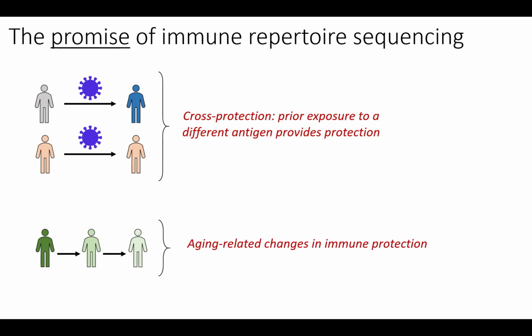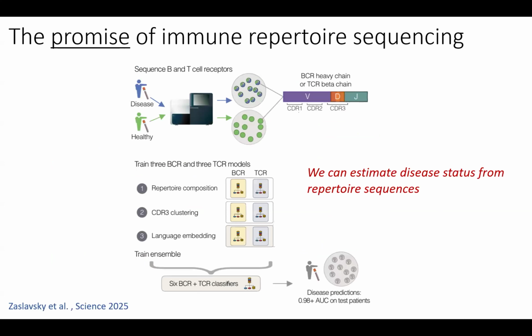More broadly, babies and old folk have weaker immune systems. Why? Is it because they have less diversity, or is it that new classes come in? What's going on? If you can understand that, we can help address immune decline in older folk. All of this is things you could do if you could better understand and work with immune repertoires.